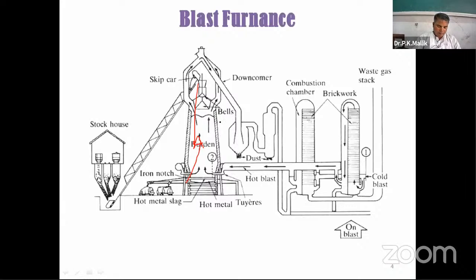Thus the iron oxides such as pellets and sinter, together with coke and limestone, are successively charged through the top of the furnace, and the charge slowly descends through the shaft and is gradually heated by the hot ascending gases.